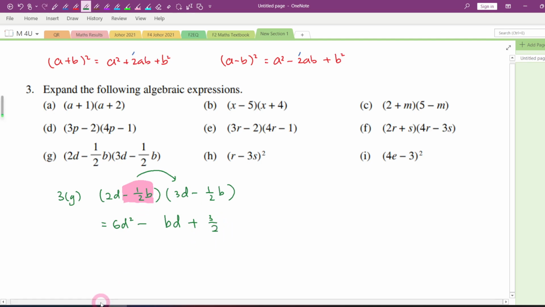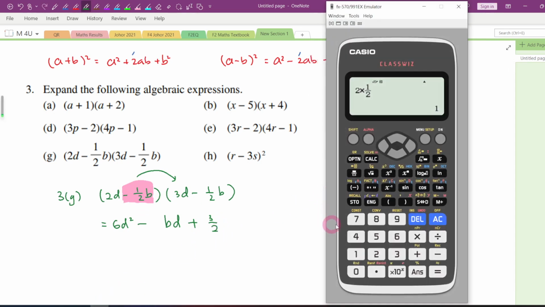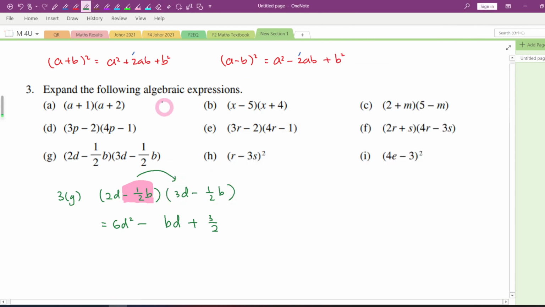As I told you, if you worry that you will make a mistake when you calculate mentally, you can just press your calculator. You don't have to press negatives. Oh, I made a mistake here, sorry. Let me double check. Here I should write negative.